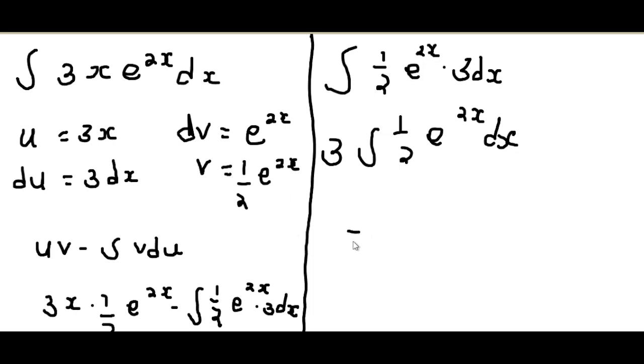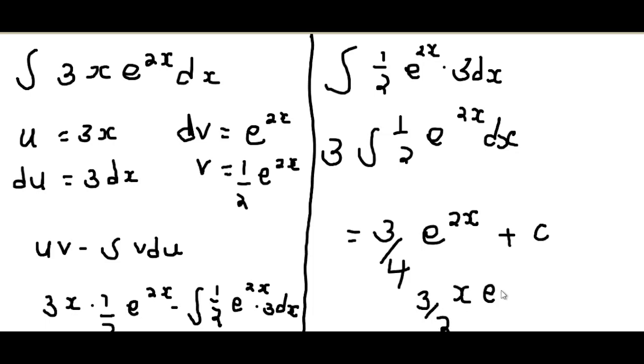So we are going to be left here with 3 over 4 e^(2x). We join it with the first equation that we had, plus c. So it will be 3 over 2 x e^(2x) plus 3 over 4 e^(2x) plus c.